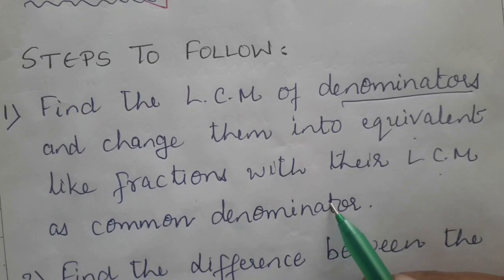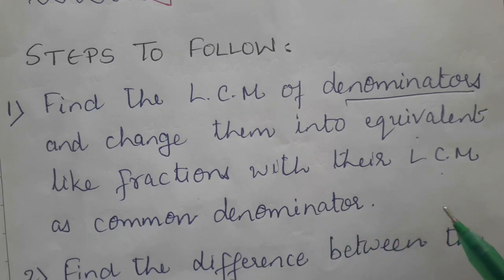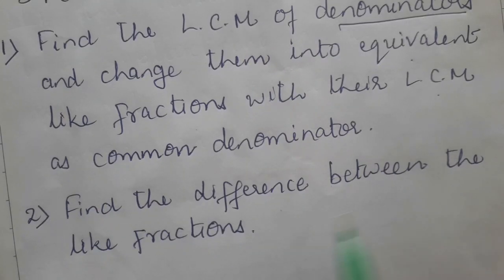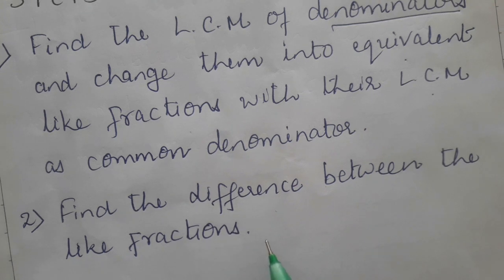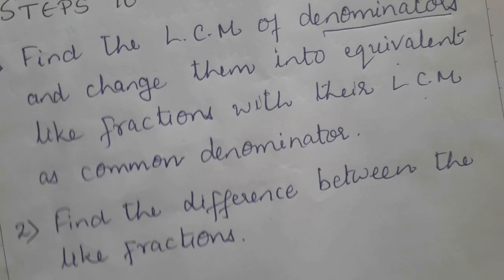And then as usual you had done in like fractions, you have to proceed with the same method. That is, you will find the difference between the like fractions. Okay, that becomes your final answer.